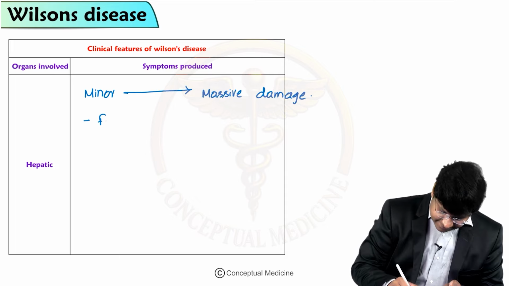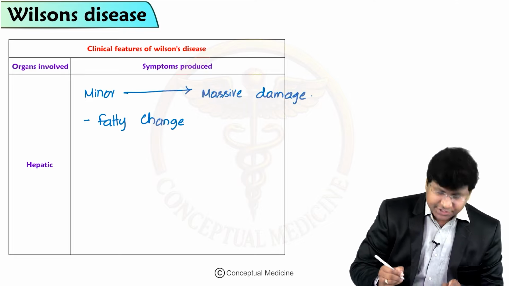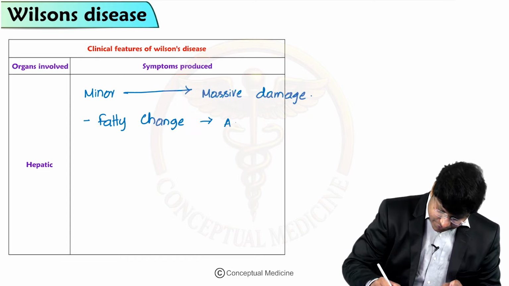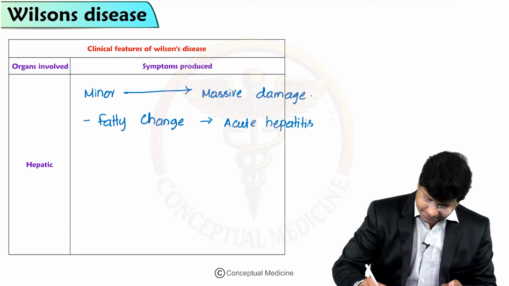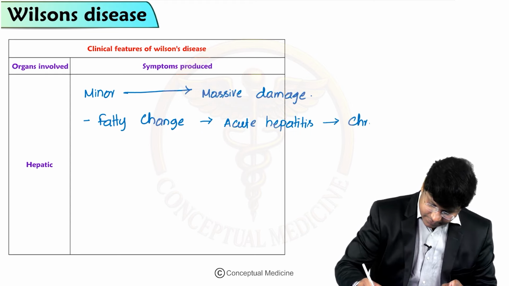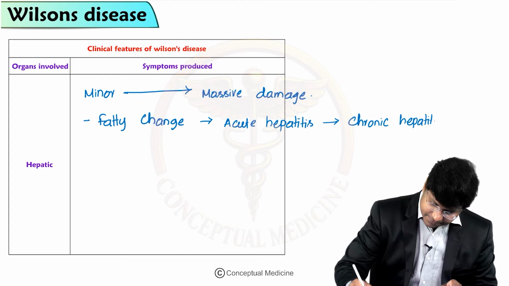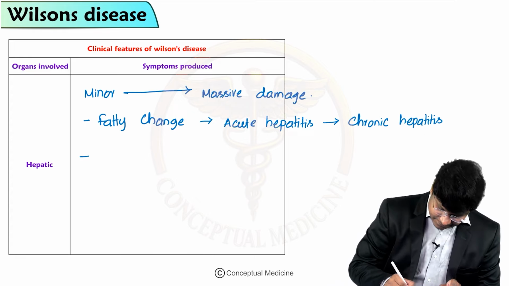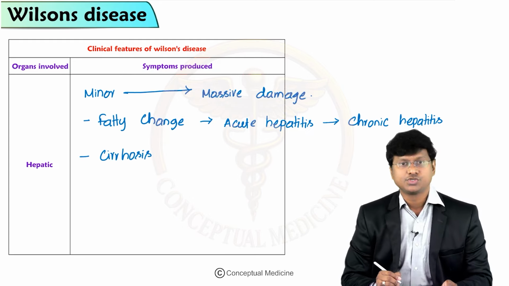That includes, number one, fatty change. Fatty change will be the minor change. Subsequently, the individual will have progression to the development of acute hepatitis, then chronic hepatitis, followed by cirrhosis of liver.